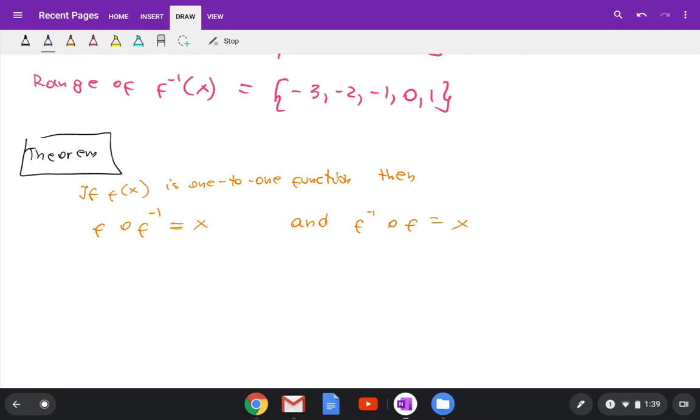So again, f composed with inverse, that means f composed with the inverse. Maybe this is better to write that way. Inverse function composed with original function, and we always getting x. Very important, okay? So the composition of inverse and original function, and it only works for function which are one-to-one, will always give you x.